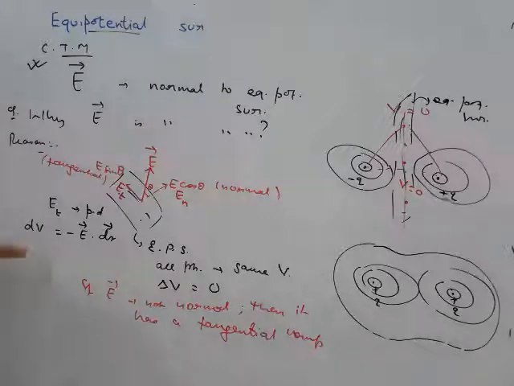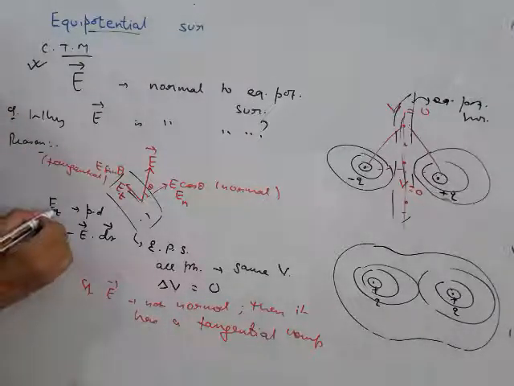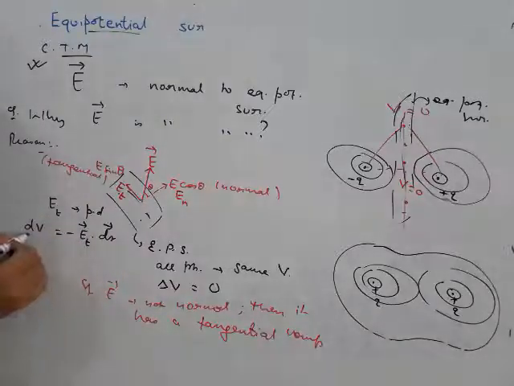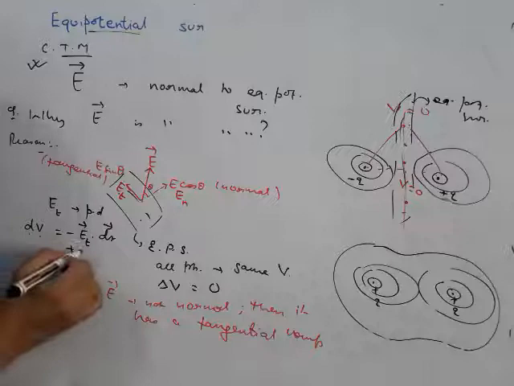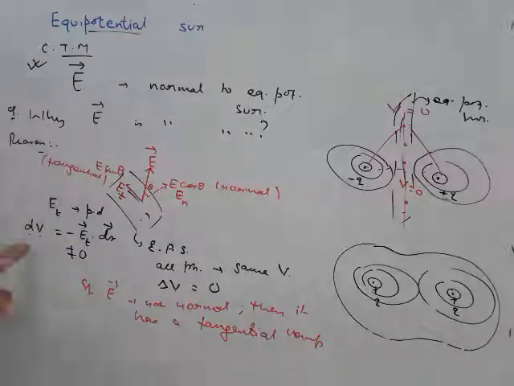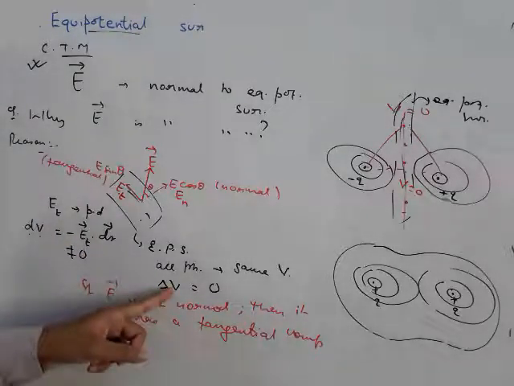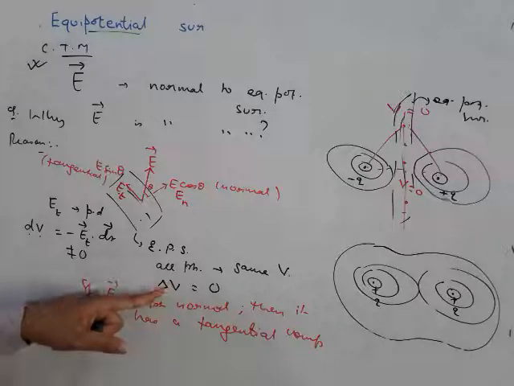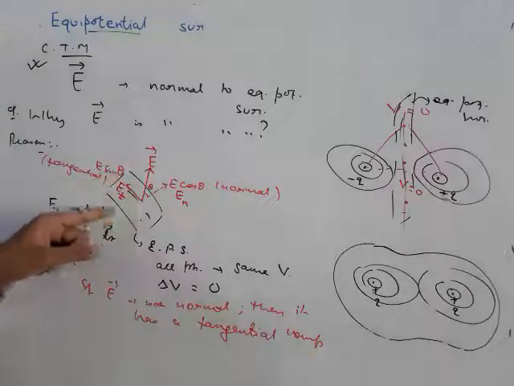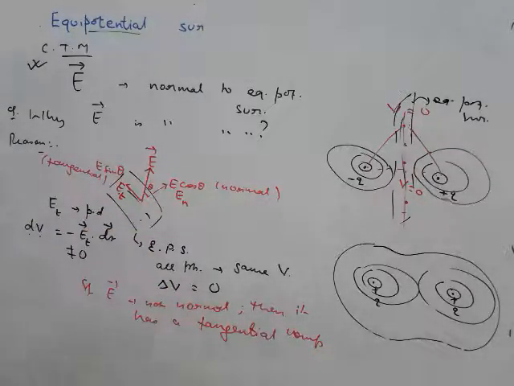We have studied earlier, potential difference between 2 points is given by this particular definition. If there is tangential component ET, there will be some potential difference which will not be equal to 0, and this contradicts our definition for equipotential surface, that the difference in the potential at any 2 points on an equipotential surface will be 0.